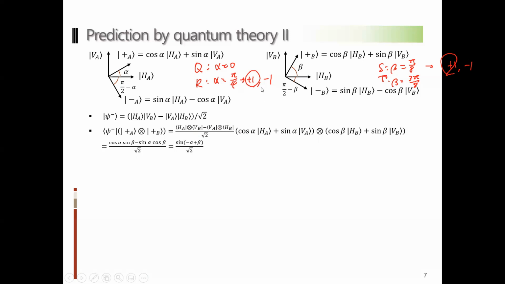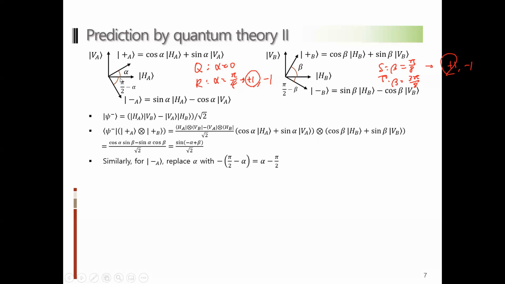Then what happens if I want to find the probability amplitude for -1 instead of +1 on Alice's side? In the second case, we are interested in the measurement probability amplitude along this vector instead of this vector.